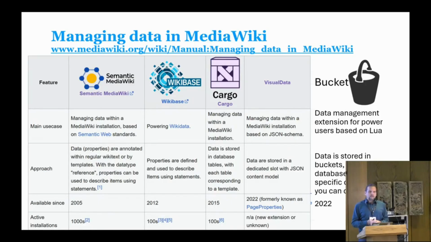Often organizations do not really need semantic web standards or something like that, so they might go with Cargo if it's just a relational thing. You want to have data in or out. But yeah, I'm a Semantic MediaWiki enthusiast, so I don't see any reason why I should not use Semantic MediaWiki, even if there were some problems addressed that we are also aware of.